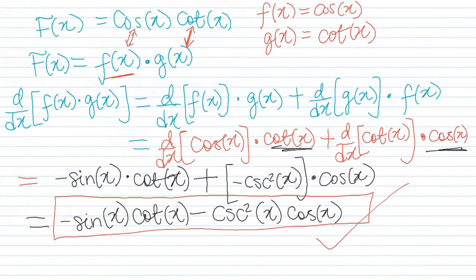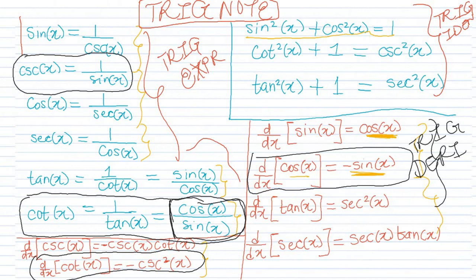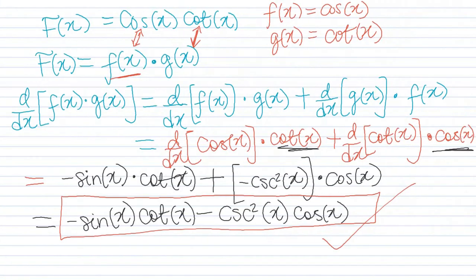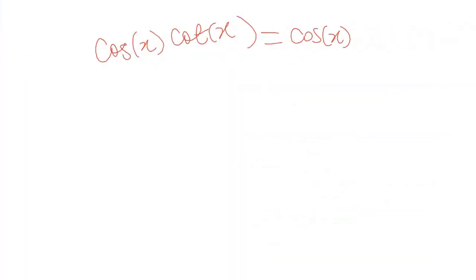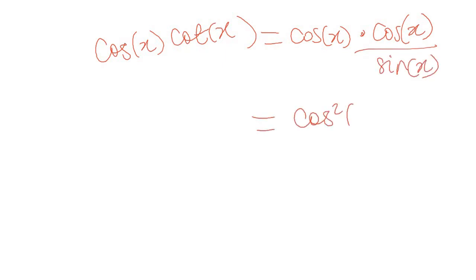If you look at the first page, cotangent x is the same thing as cosine x over sine x. So multiplied by cosine x over sine x, what we end up with is cosine square x over sine x.